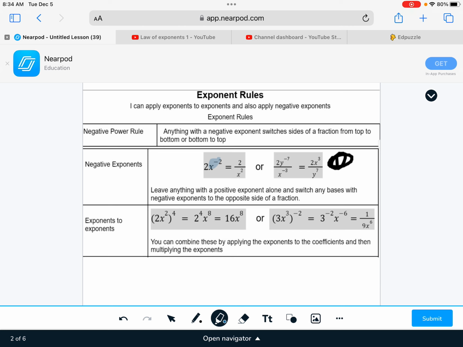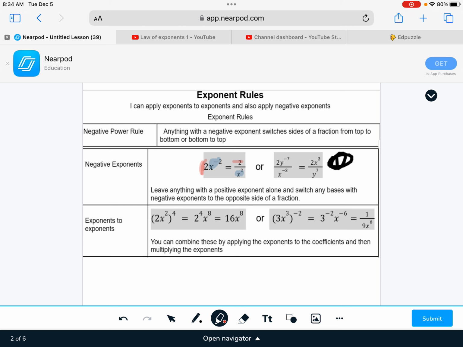Remember how we have fractions and I go rise over run, 2 over 1 and all that kind of stuff? Because every number is over 1 automatically, you're going to be able to make it into a fraction. And you can put that x to the 2 underneath that fraction. Since the 2 by itself does not have the exponent being applied to it, the 2 is separate, it goes on top of this fraction, okay?